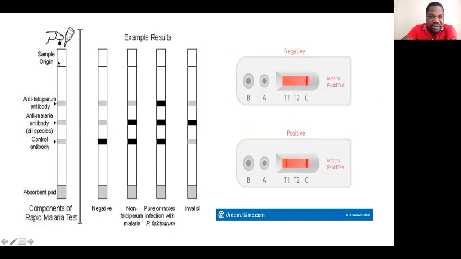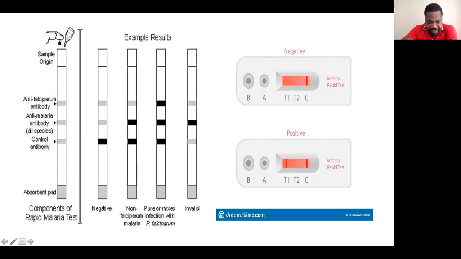You put the sample, you put the buffer, and it progresses. Then here you have the falciparum antibody test. If the antigen is in the blood, then this antibody will bind to it. Or you also have antigens for other Plasmodium species that can be there. Then you have your control test.